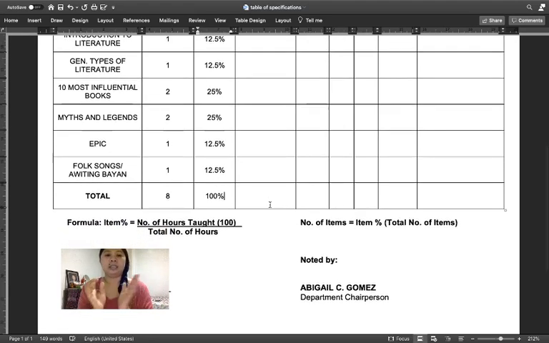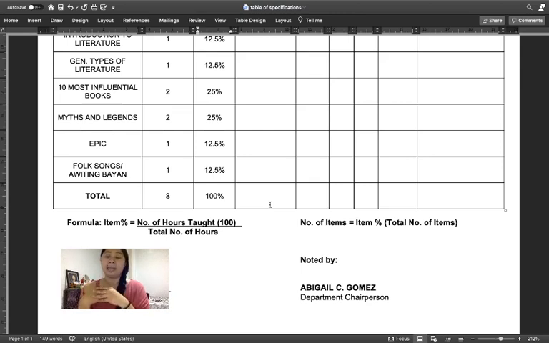Okay, next. Why is it that we call it a blueprint? Because this is the time that you will know that, okay, I have spent so many hours discussing the 10 most influential books in the world, but I only allotted 2 questions. So maybe there's something wrong with your examination.